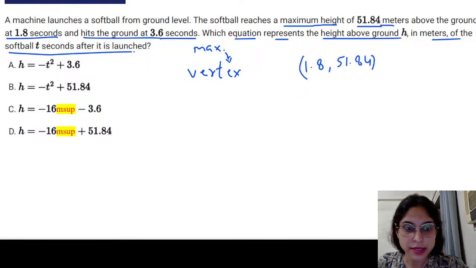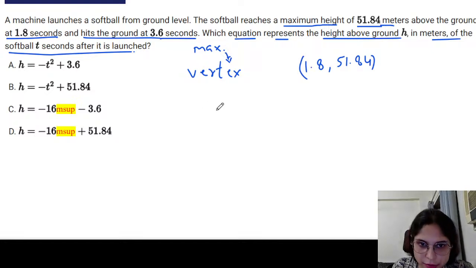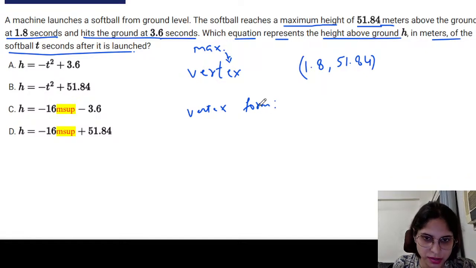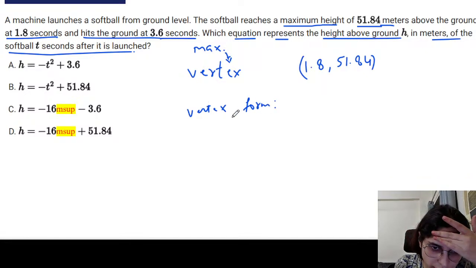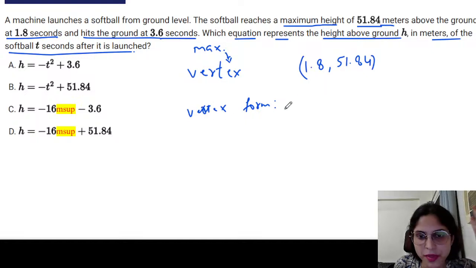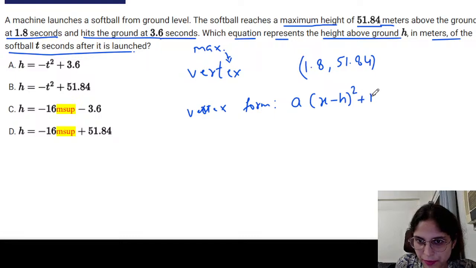Because the vertex is given to you, you can get your answer in vertex form. Vertex form is a times (x minus h) whole squared plus k.